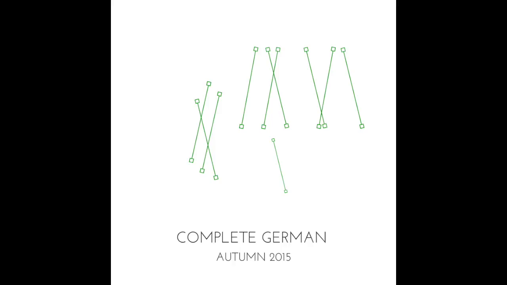How would you say, do you know where my dog is? Speaking formally. Firstly, what was the word for where? Very short word. Wo. So speaking formally, do you know where my dog is? Wissen Sie, wo mein Hund ist? Good.